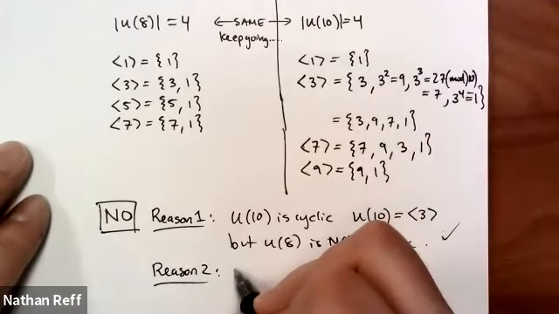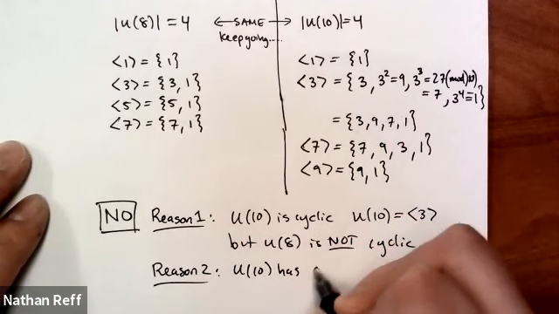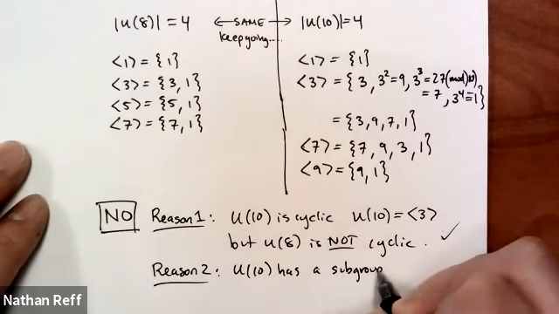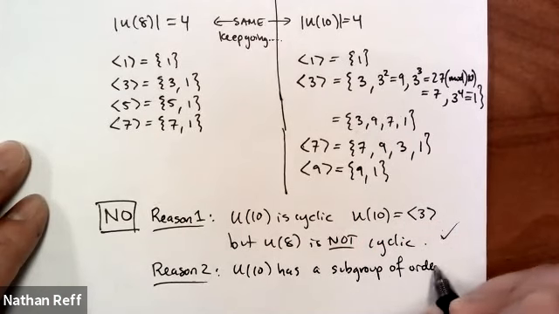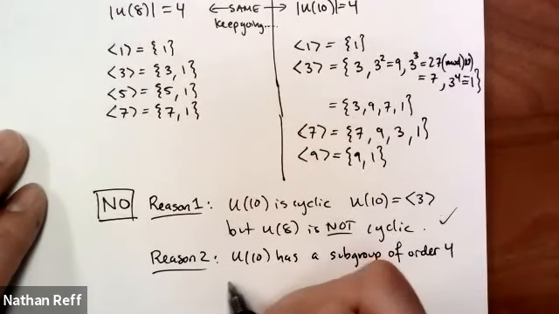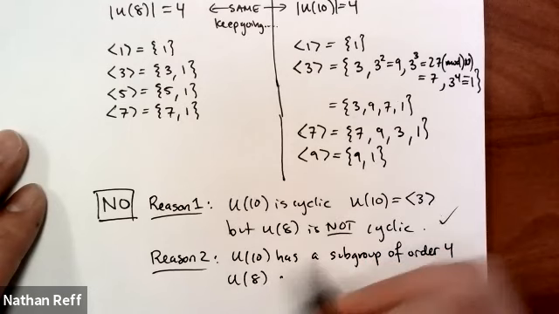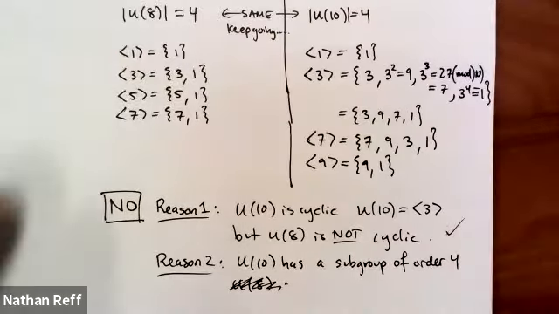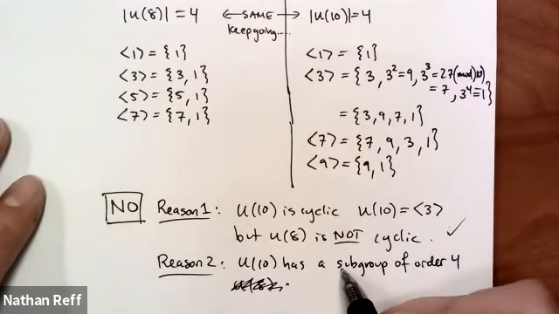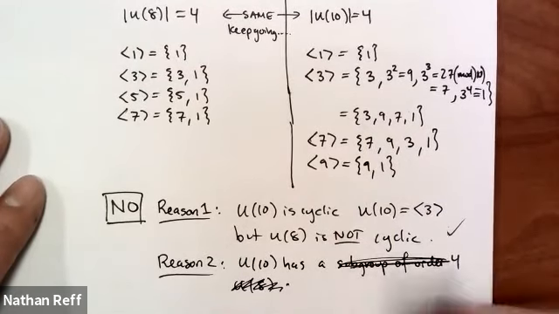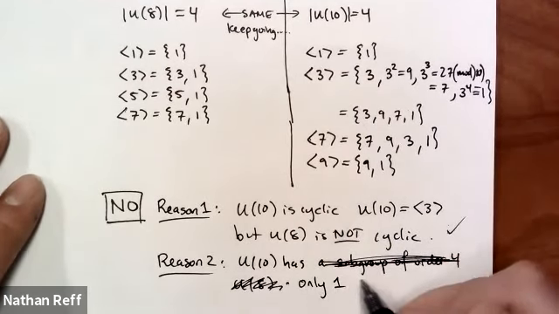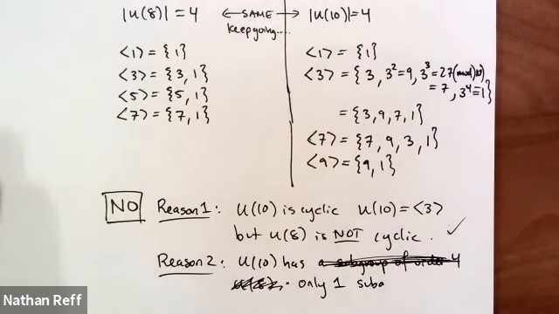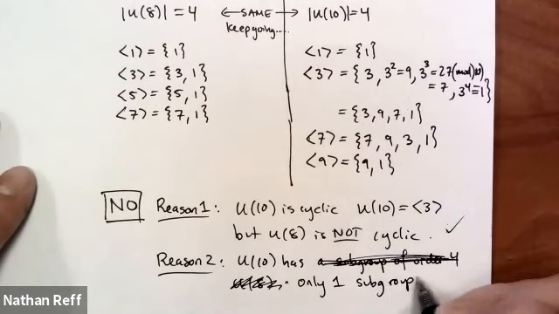So for example, U10 has a subgroup of order 4, and U8, how about I say this, has only one subgroup of order 2. You see that? Yeah. Has only one subgroup of order 2.